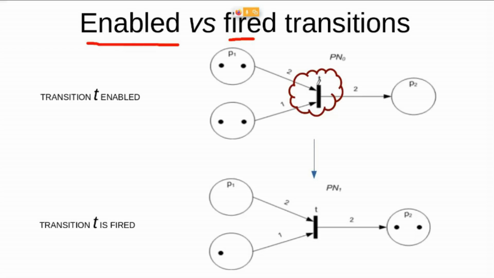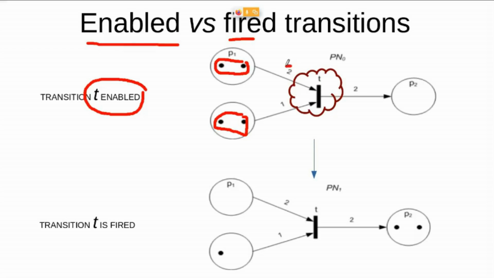Let's check this transition. We say that the transition T is enabled when there are enough tokens in the preconditions in here in order to satisfy all the conditions for this transition.